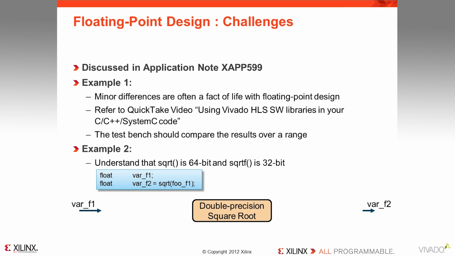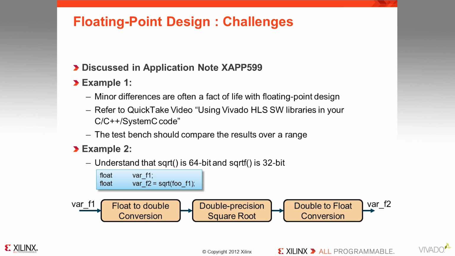In hardware, a square root function will be implemented, but this code implies a conversion from float to double, which is the input type of the function, and a conversion from the double precision type output by the function back to the float type of the variable. This can result in some very unnecessary hardware. If Vivado HLS was to automatically optimize this, it would result in differences between the C and the RTL, which are very difficult to control and analyze.